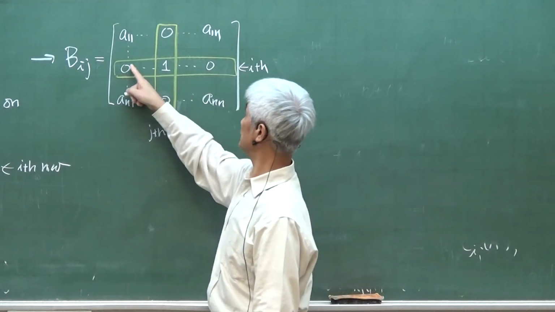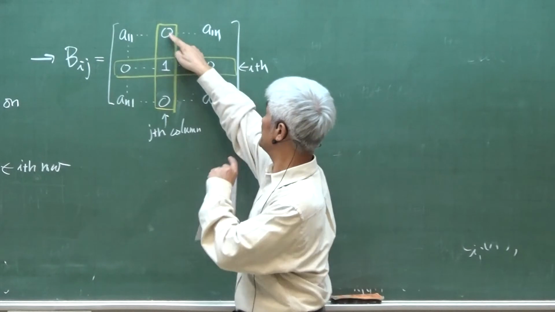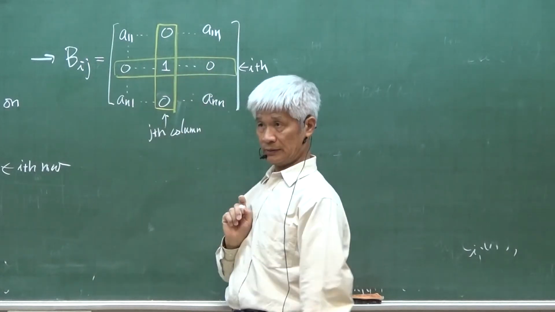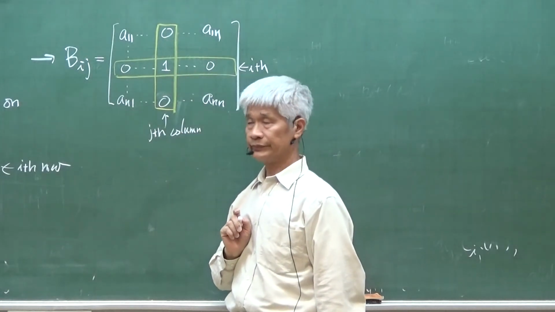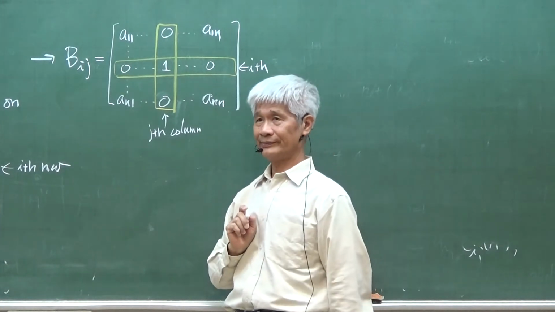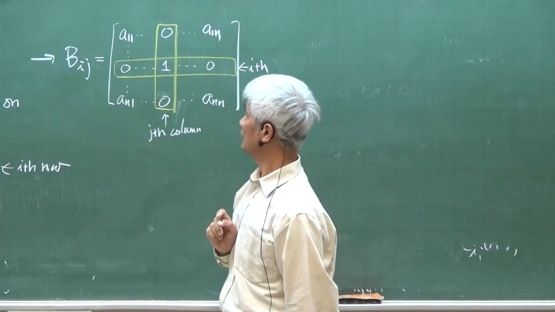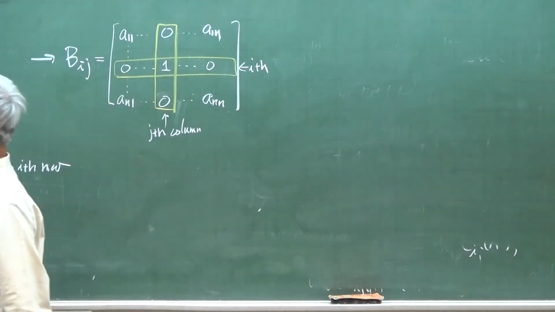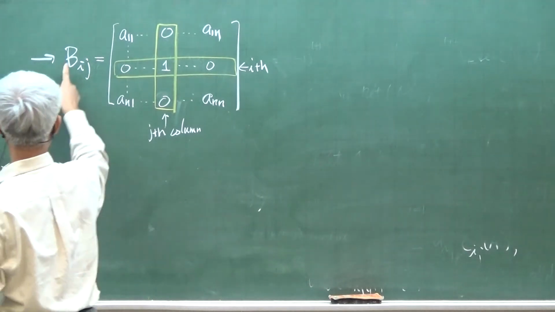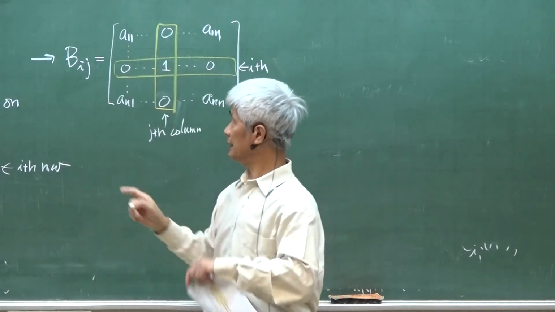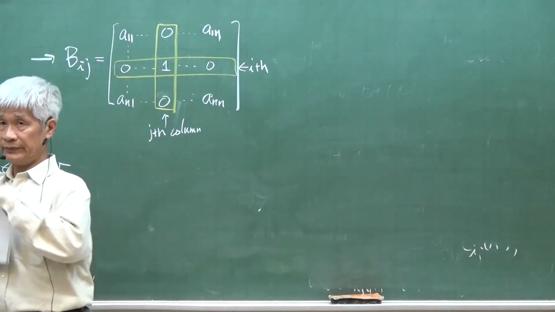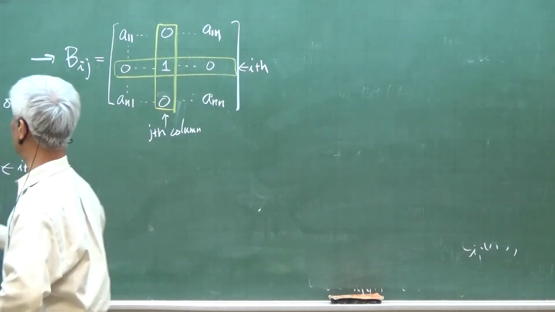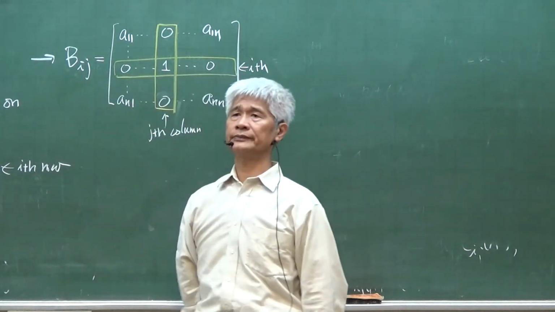So we have 0 0 0 1 0 0 here. All right. So by elementary row operations, we turn A_i(e_j) into B_ij, and the determinant of this matrix is equal to the determinant of that matrix.